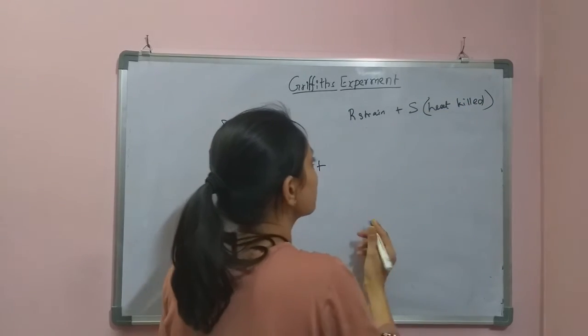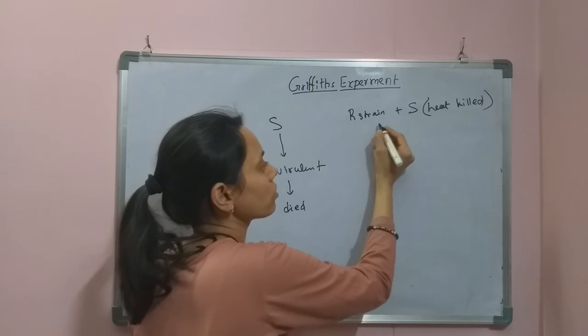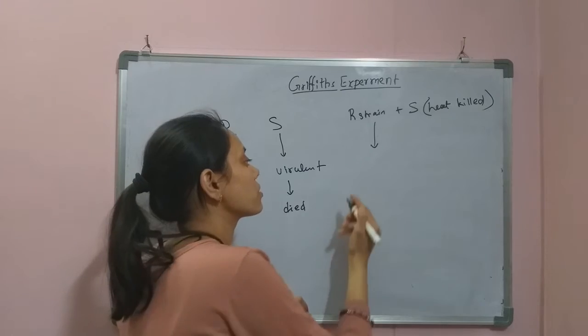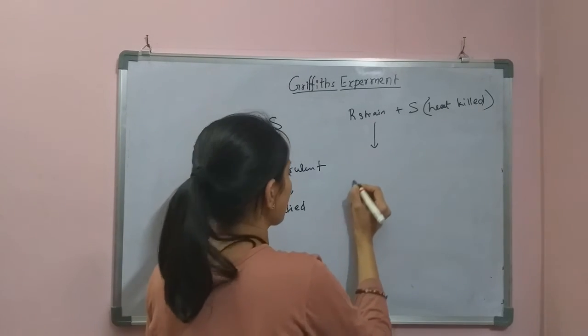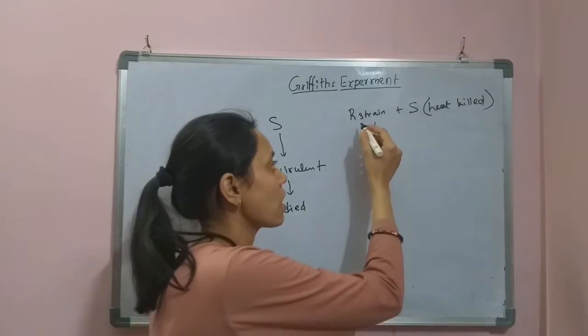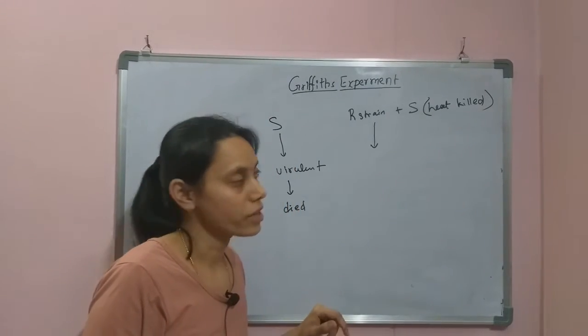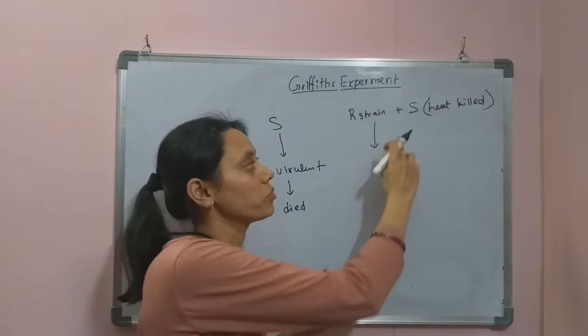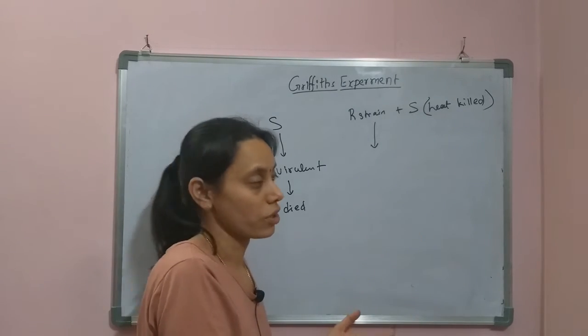So he used the R strain in combination with the heat killed S strain, and he expected that the mice may not die because the R strain is not a virulent strain, and the smooth strain present in the inoculum is heat killed. It is unable to cause the infection.